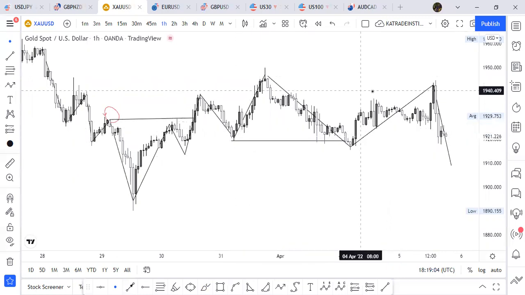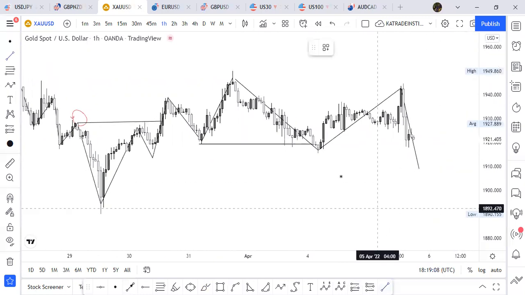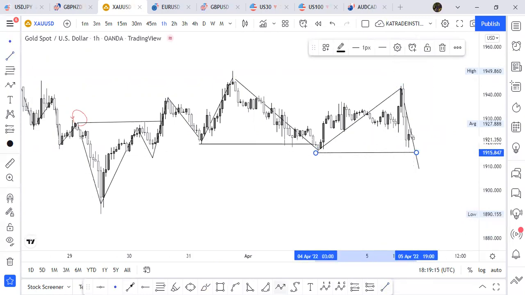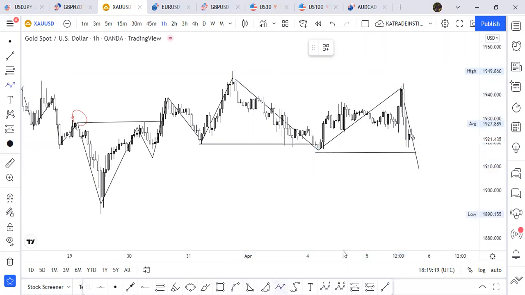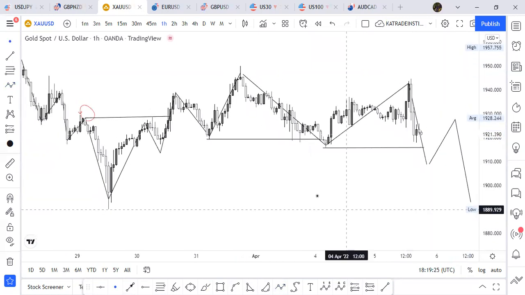So price is changing towards the downside, meaning that from here, if price is able to break out from this key level, price must come back to this area here. Price might create another high, and then another low, a continuation to the downside. Why?